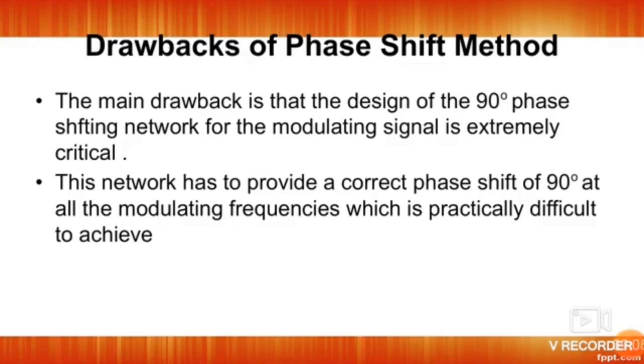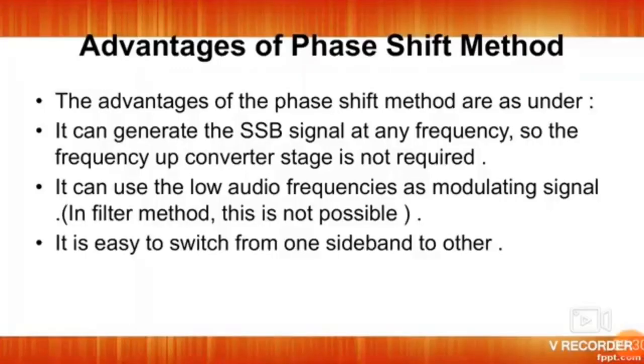The main drawback here is the 90-degree phase shift by the Hilbert transform. The network for the modulating signal is extremely critical. We need an exact 90-degree phase shift at the modulating signal, so that only then can the sidebands cancel each other.